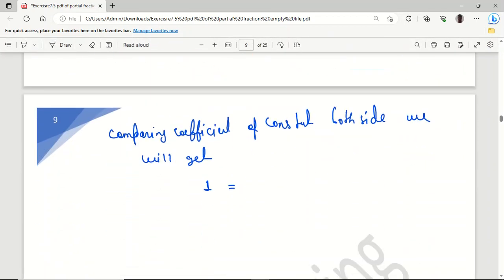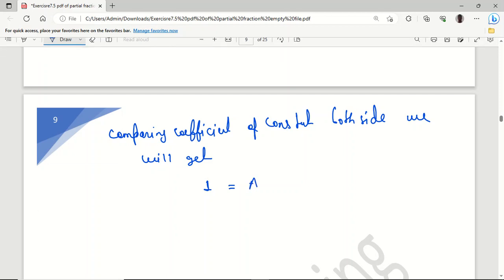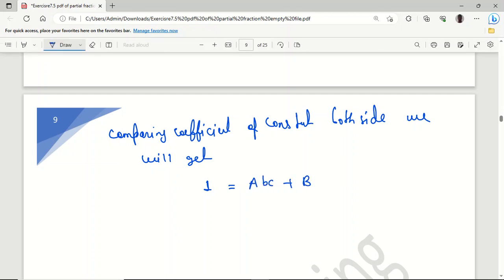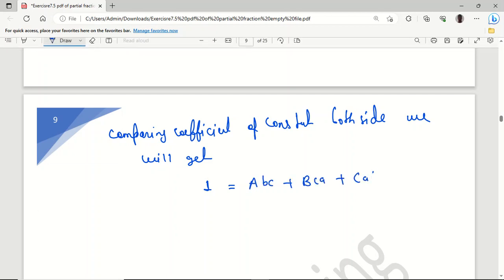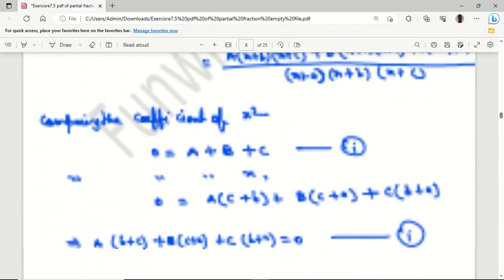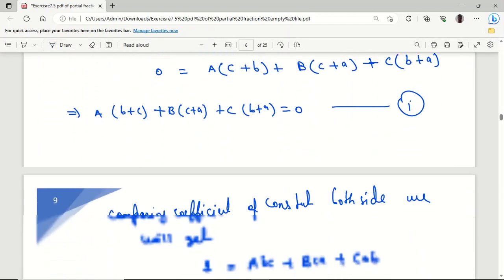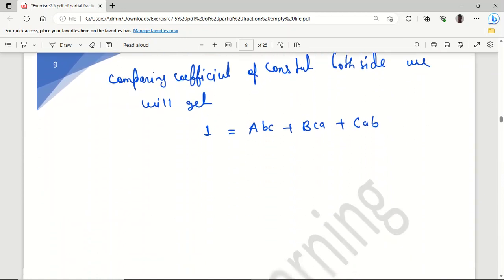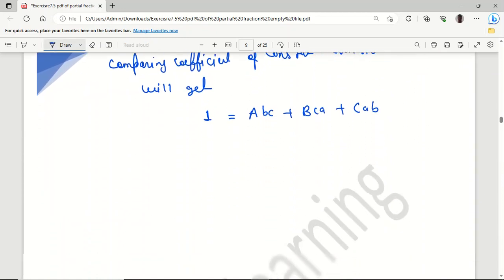So it is ABC plus BCA plus CAB, something like this. So now we have three equations.